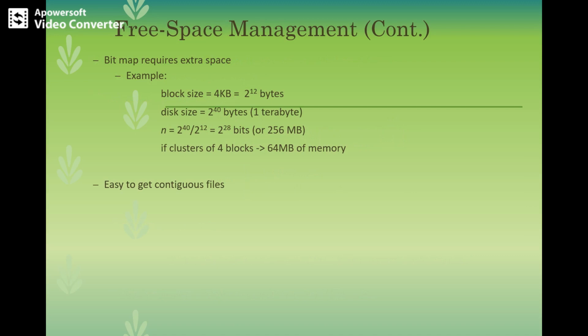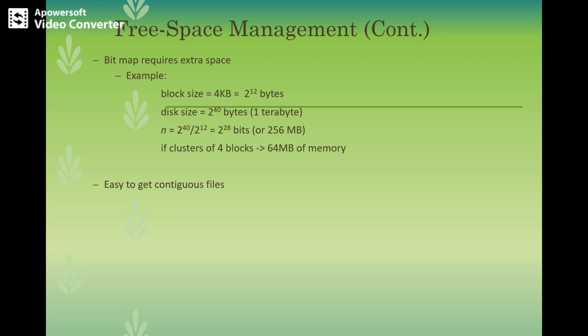Given the block size and disk size, we can easily calculate the number of blocks n. The block size is 4 KB or 2 raised to 12 bytes, and the disk size is 2 raised to 40, which gives around 2 raised to 28 bits or 256 MB.